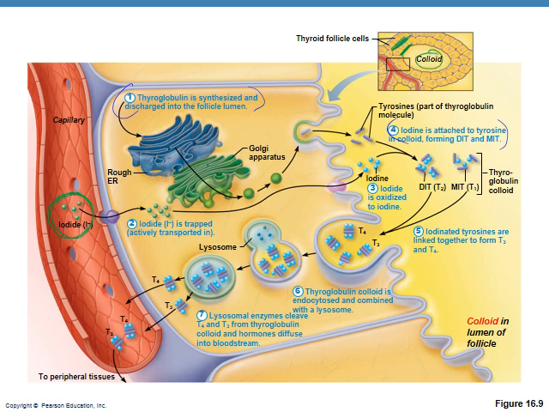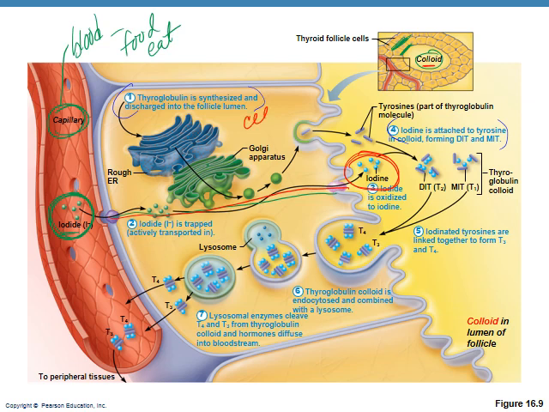Here is iodide. It comes in through your capillary, so this is from your blood. Where do you get it? You get it from the food that you eat. So iodide comes in, it travels across the follicular cell, and when it gets into the colloid, it's now iodine.